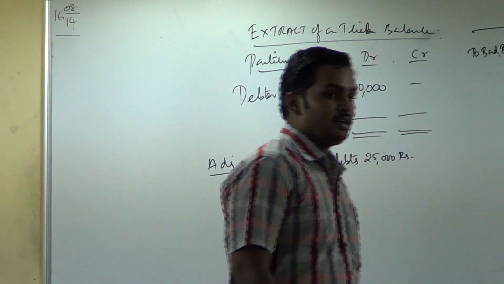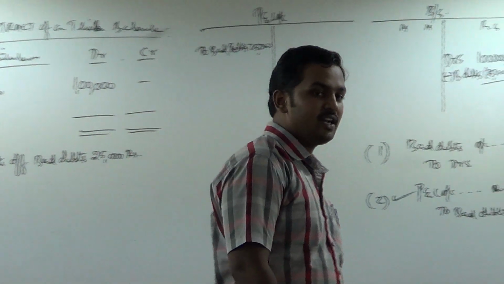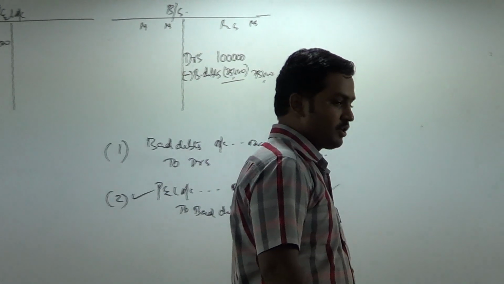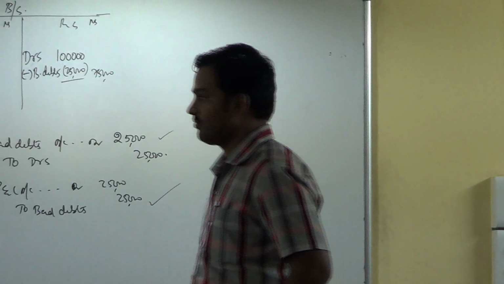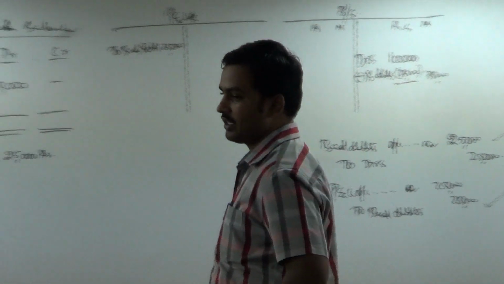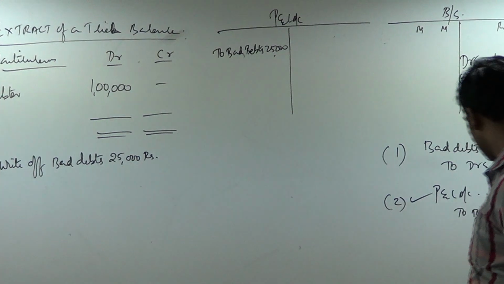Close the trial balance. Adjustments. Number 1. Write off bad debts 50,000 rupees.